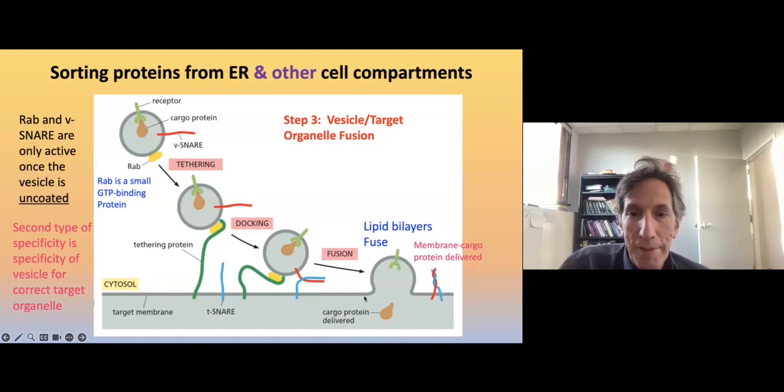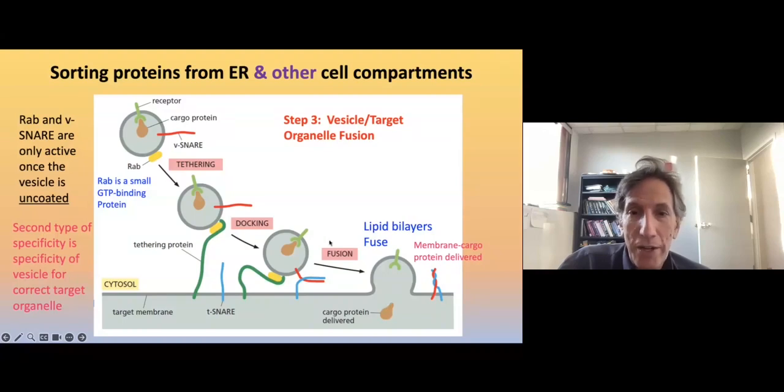You temporarily break some interactions between lipids and form new interactions between the lipids in the vesicle and the lipids at the contact site. What happens to the cargo proteins? They're released from their cargo receptor.